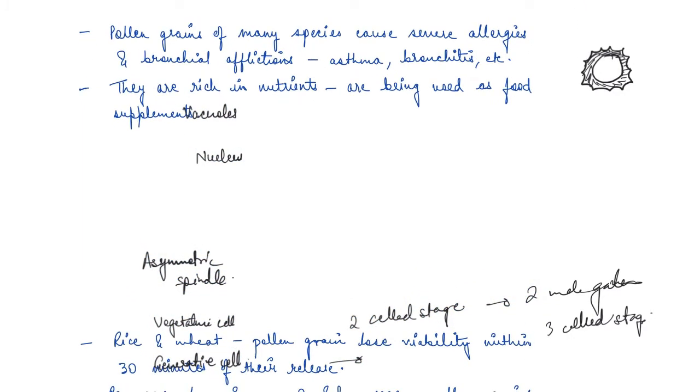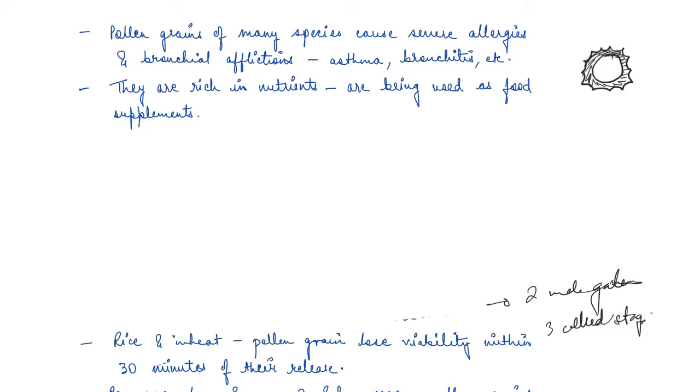Now these pollen grains in many species cause severe allergies and bronchial infections as well. Like it even causes asthma in many animals, or even bronchitis, etc. Right. So they are very much rich in nutrients, and they are sometimes used as food supplements as well. So it's not just the male reproductive organ, or the organ which is basically carrying the male gamete.